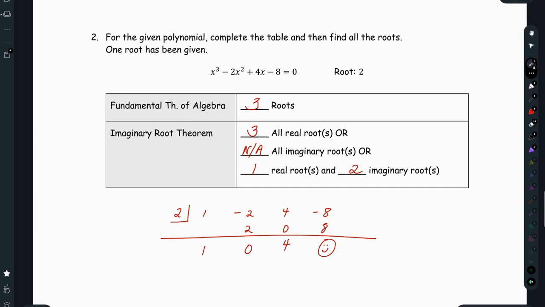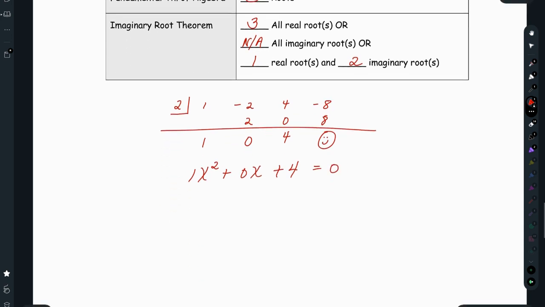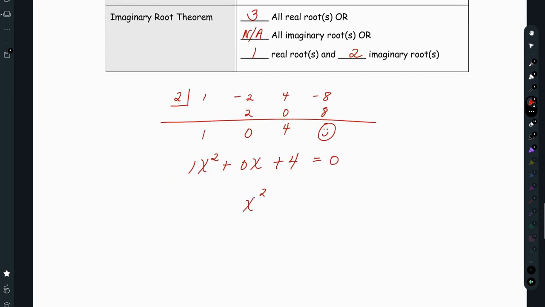All right, we started at a cubic polynomial. We've now reduced it down to a quadratic. That would be 1x squared plus 0x plus 4. I'd prefer to write that as x squared plus 4 equals 0. And again, instead of using the quadratic formula, we can use the square root method.